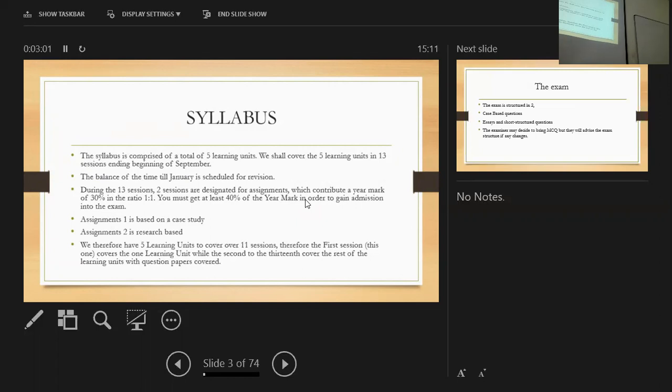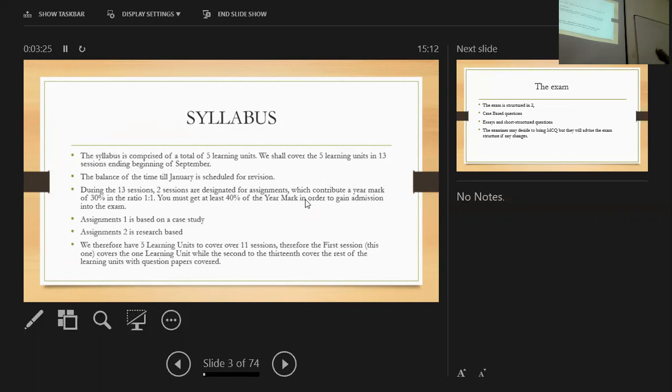So as much as the content is very little, the application is a lot, and therefore, we shall cover these 5 learning units in 13 sessions. 2 of those sessions will be taken out towards the assignments.